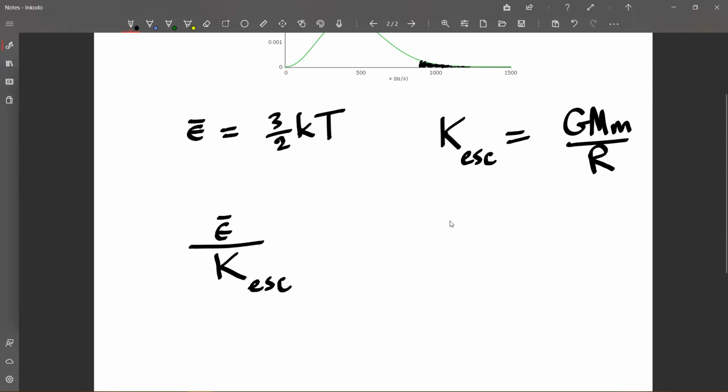And of course, as I just pointed out, the numerator is not going to change. For a fixed temperature in the atmosphere, the average energy is the same whether you're talking about nitrogen or hydrogen. What does change is the kinetic energy required for escape. So let's look at this ratio for those 2 gases. And if one of those ratios comes out greater than 1%, then that's our explanation.